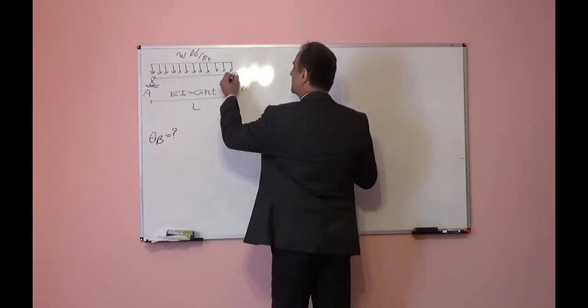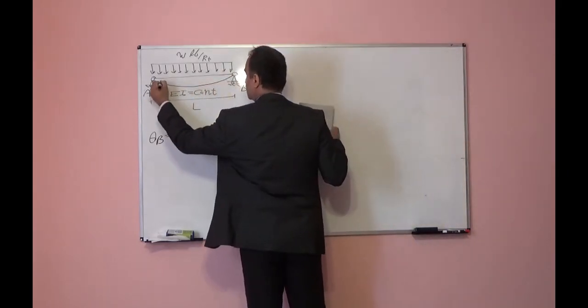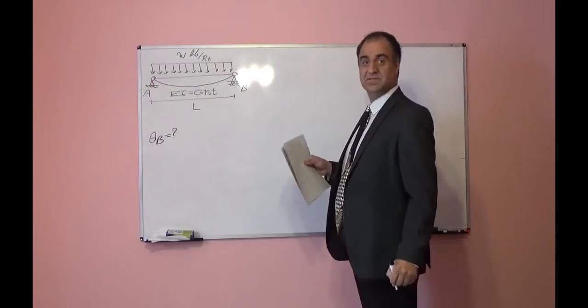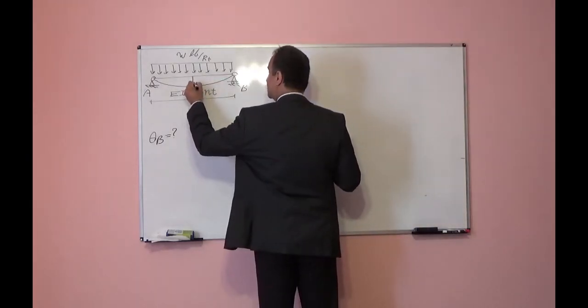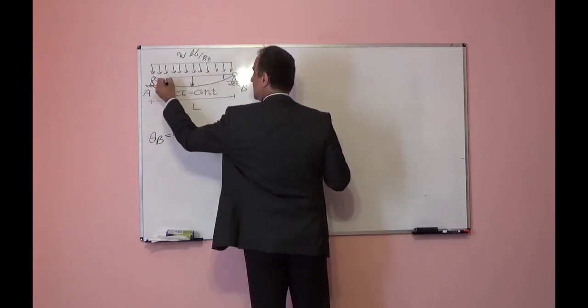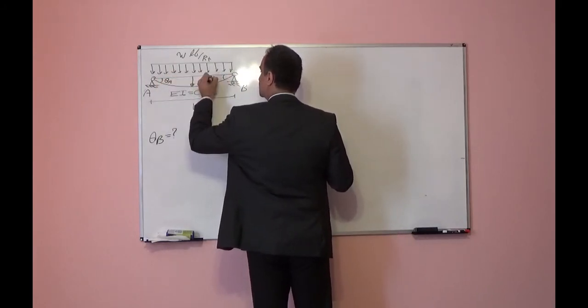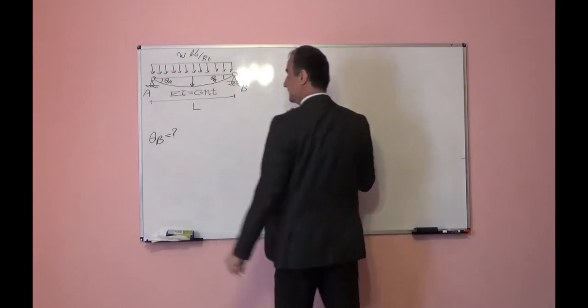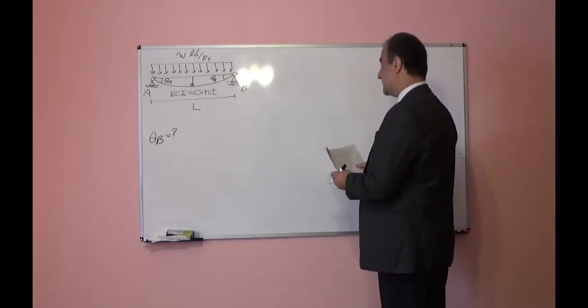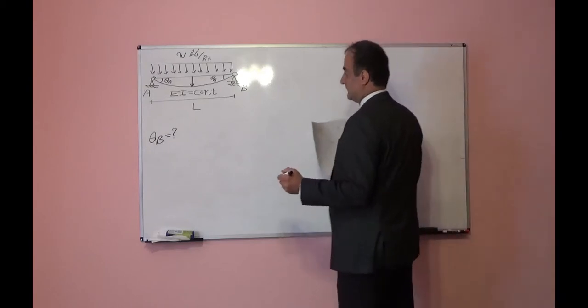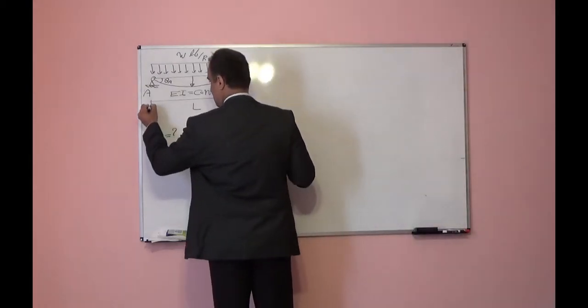You know this beam will deform like this, and the deformation will be symmetrical. Maximum deflection will be at midspan, but these two thetas, because of symmetry, will be equal. We want to find, for example, theta B. What should I do? First, I will find the reaction here.